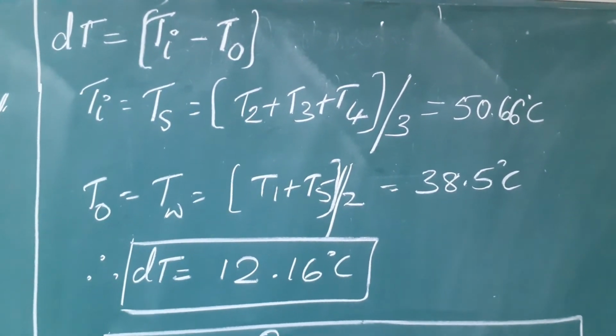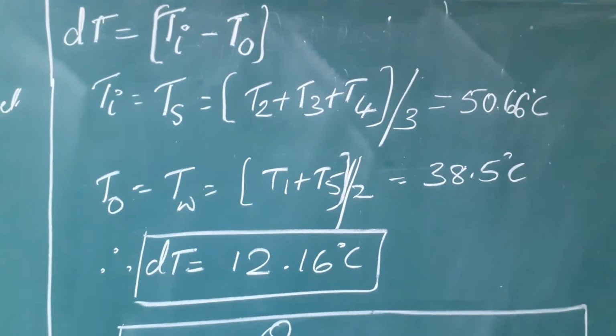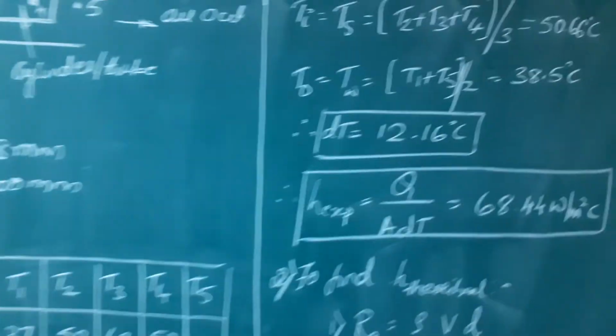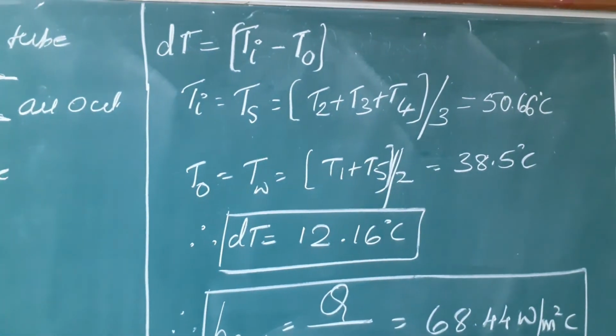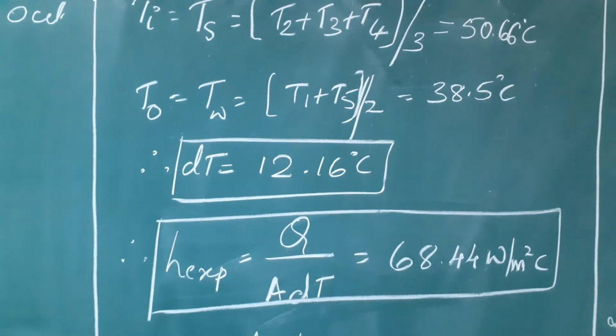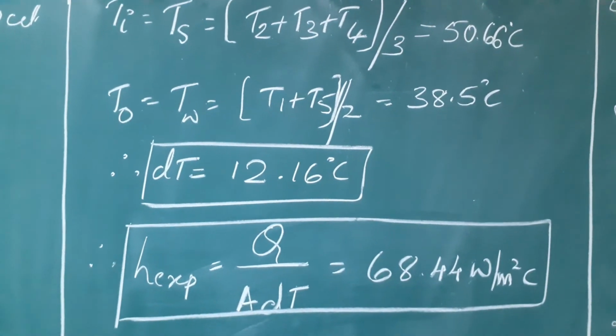The difference of those two gives dT, which is 12.16 degrees centigrade. If we apply the values of Q, A and dT, we get the value of h experimental. So the first aim is finished: finding the h value experimentally. This is the method to find h experimental.